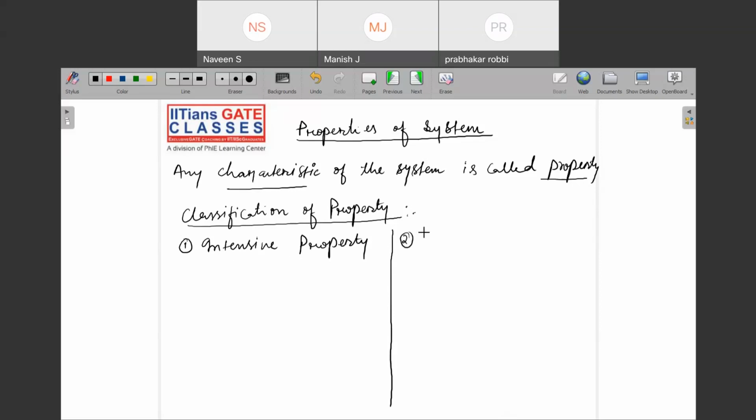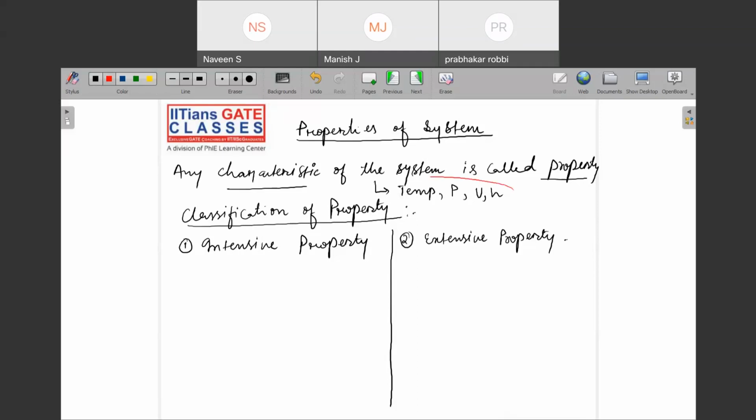The second one is extensive property. I hope you understand what is meant by property. Let us say I have some heat. This is characterized by temperature, right? Let us say I have some ability to put pressure; it is characterized by the particular value of pressure. Let us say I have some energy; it is characterized by internal energy, enthalpy.